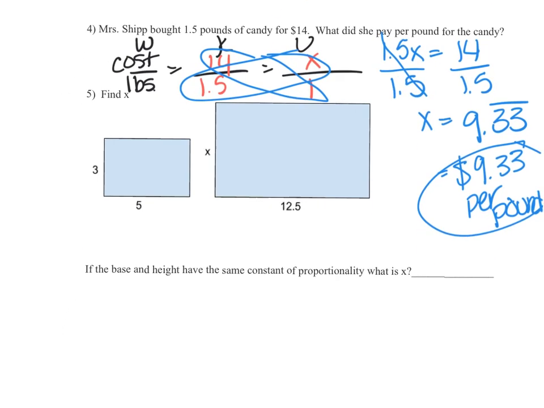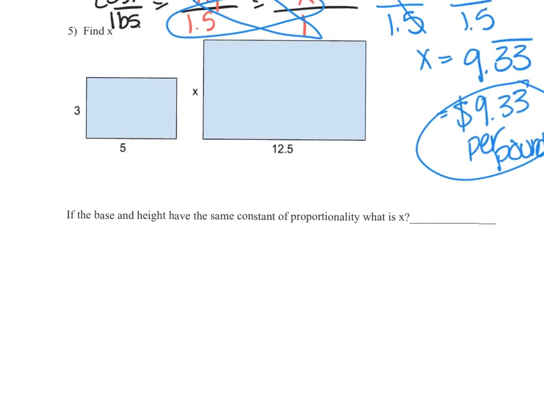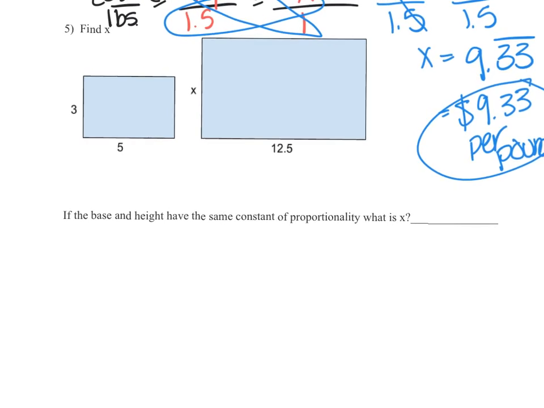Okay, looking at number 5, we have these 2 rectangles and we need to find x. So if we set up our WKU, okay, we have base and height.